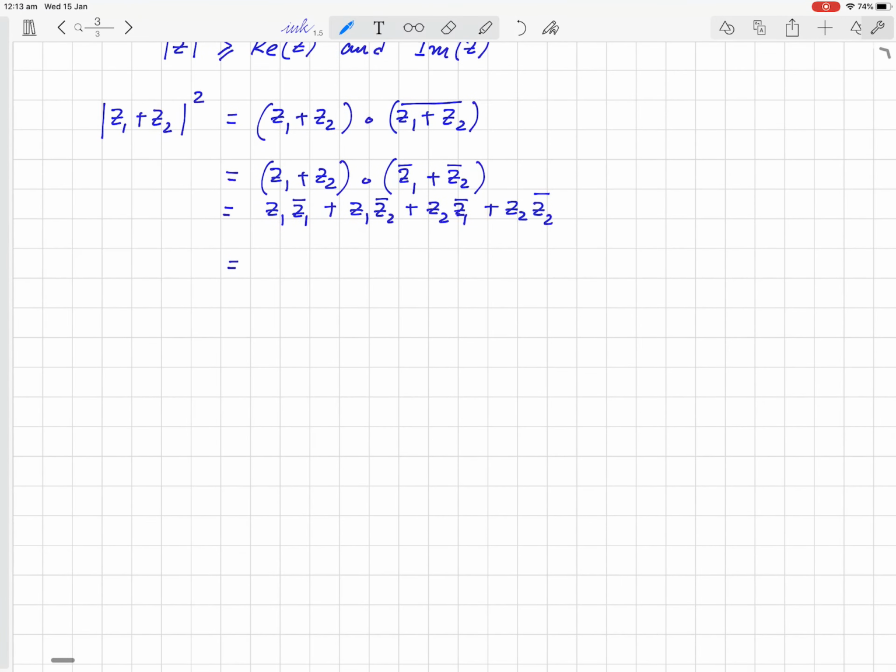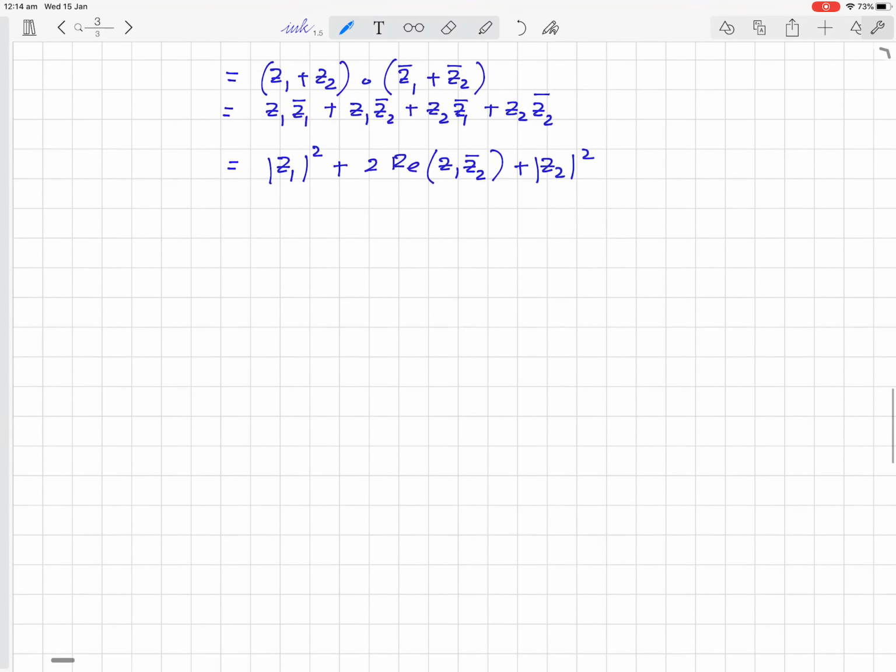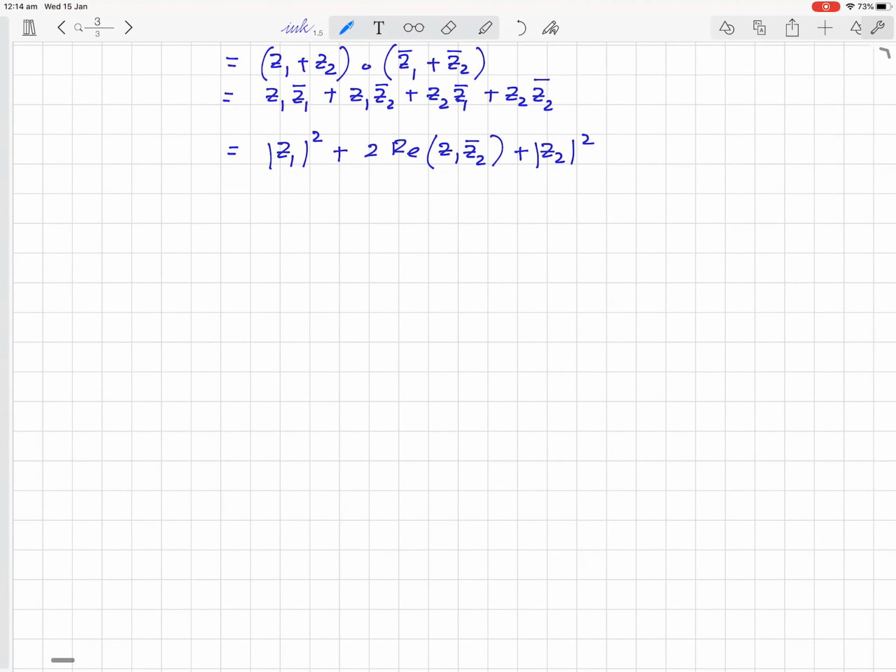So it is well known that z1 times z1 conjugate is nothing but |z1| squared, plus this can be written as 2 times real of z1 z2 conjugate, plus |z2| squared.